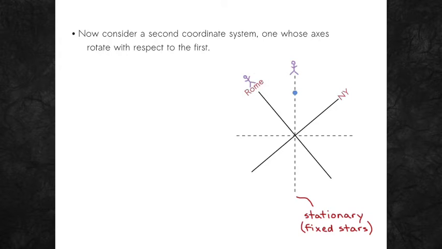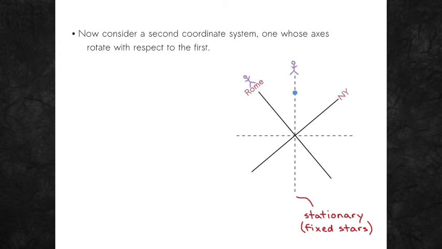Now, if we ask Bob what he saw from his vantage point, it's pretty straightforward, right? He just saw this object that started along the y-axis, moved along the y-axis toward him at a fixed speed. So we've just got this object that's moving with no forces, and so it just moves in a straight line.